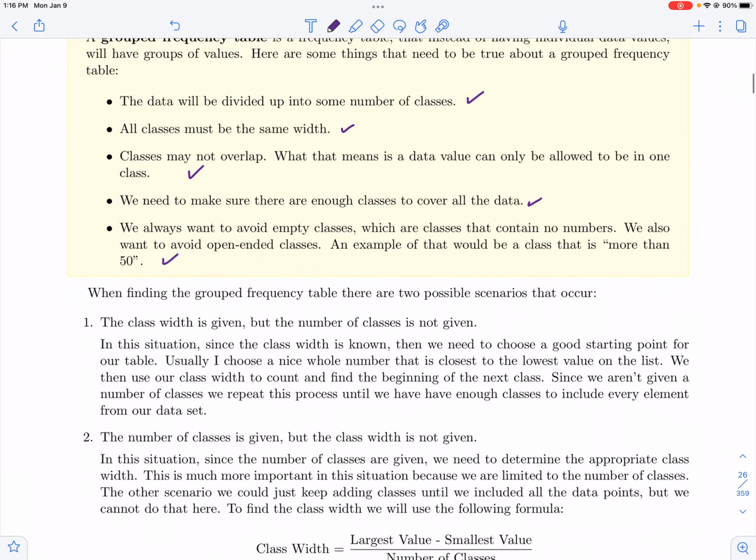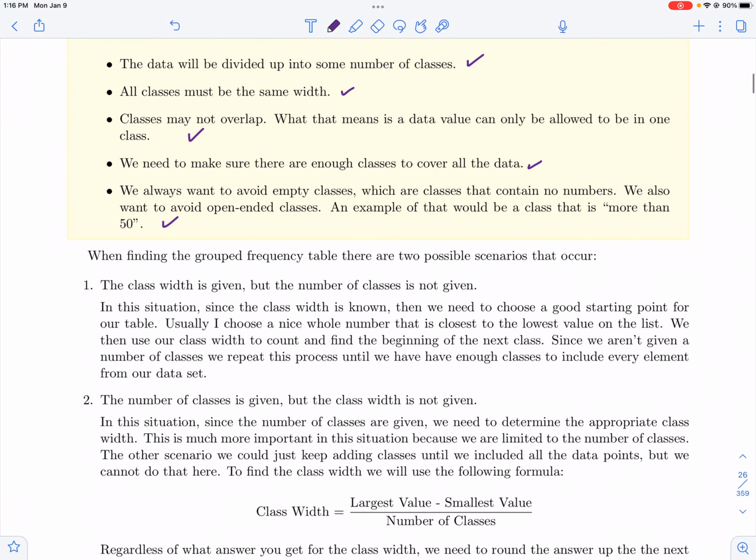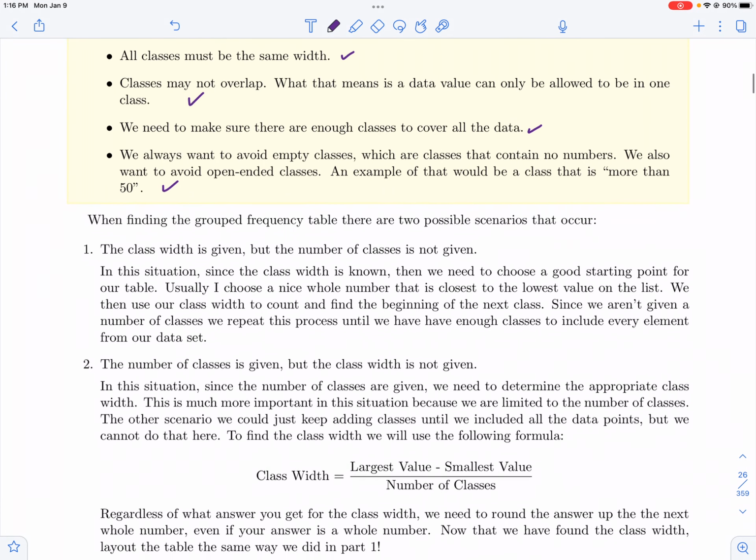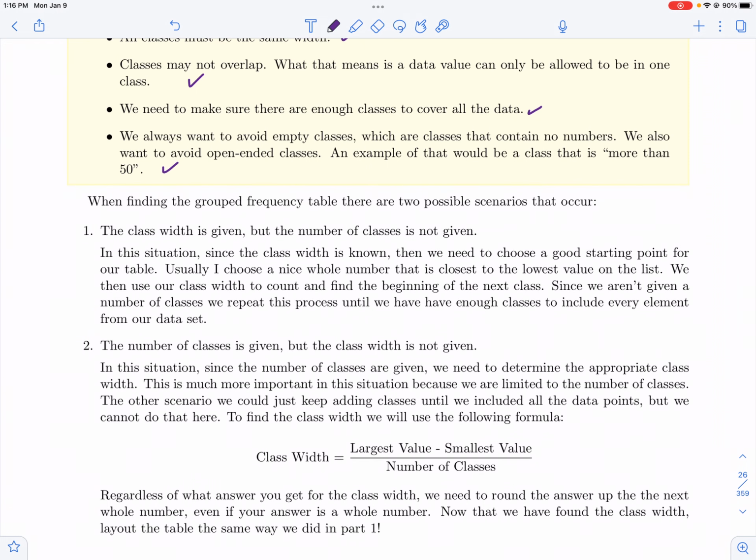All right, so the most important part for our group frequency distribution is figuring out which category each value falls into. We've got 2 different scenarios. We can either start off where the class width is given, but the number of classes is not given.